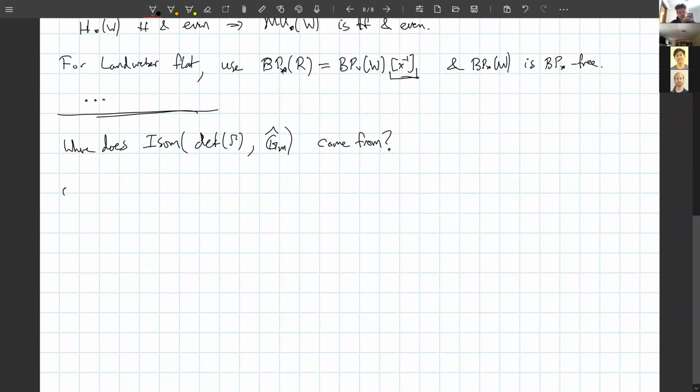So from Ravenel and Wilson and Hopkins and Lurie, we know that the E theory of a particular Eilenberg-MacLane space has some relationship to det gamma.